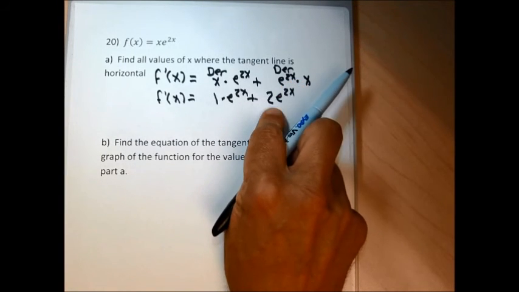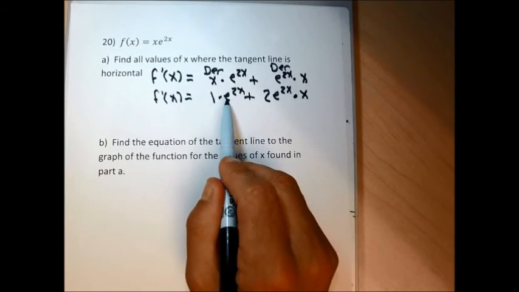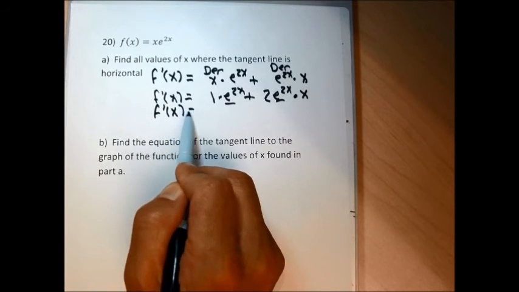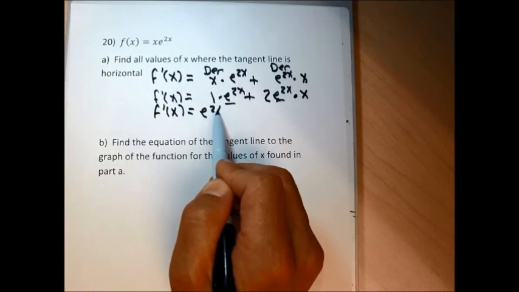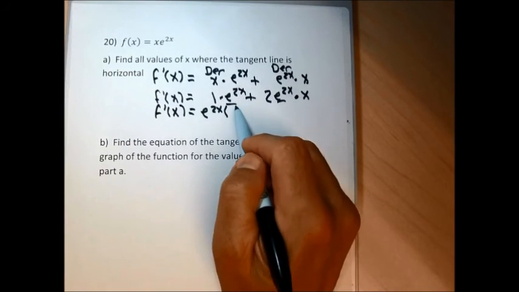The derivative of 2x is just 2, and then times this x. Pull out my common factor of e to the 2x, and I get f prime of x equals e to the 2x times a 1 from there and a plus 2x from there.